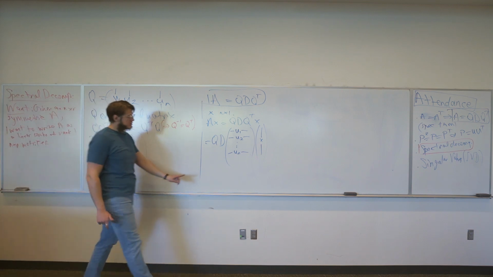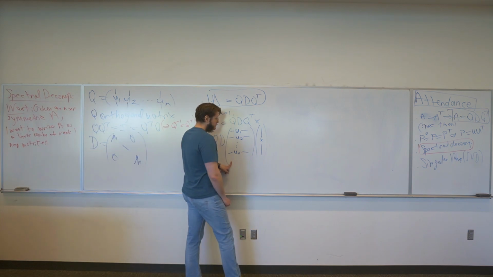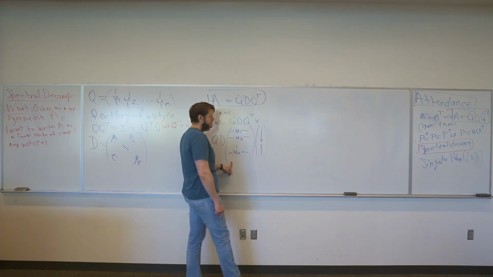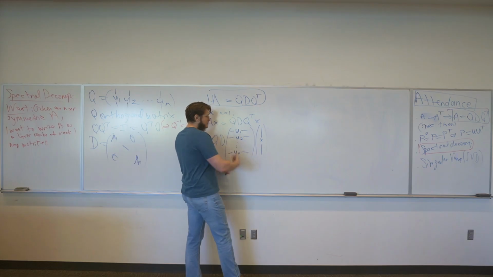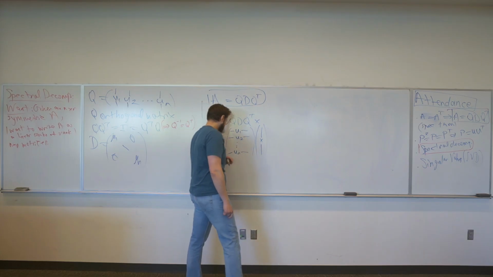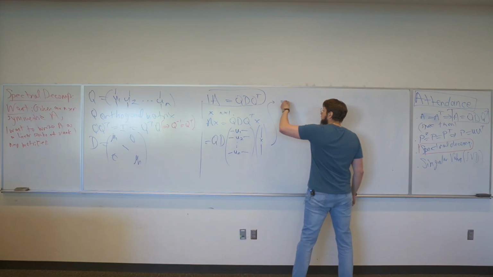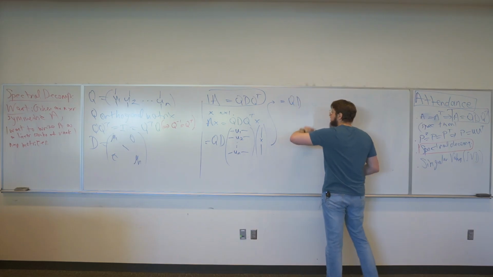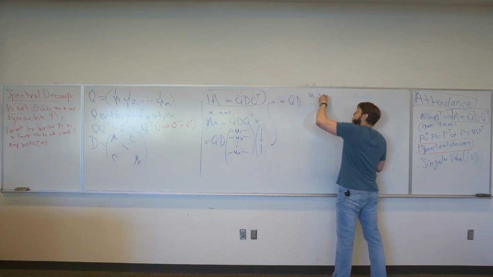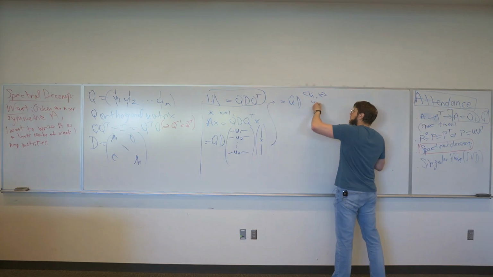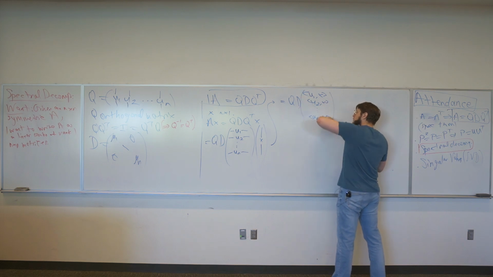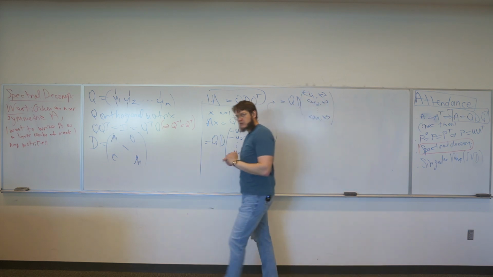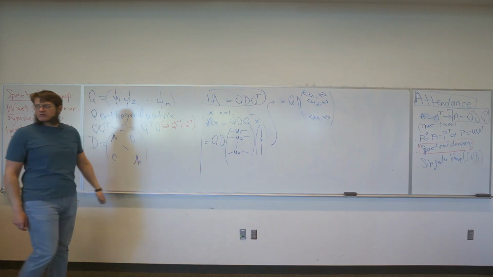Now, I'm just going to do this matrix vector product. It's going to give me an n by 1 vector whose coordinates are u1 against x, u2 against x, and so on. I leave these as is. Is this okay?